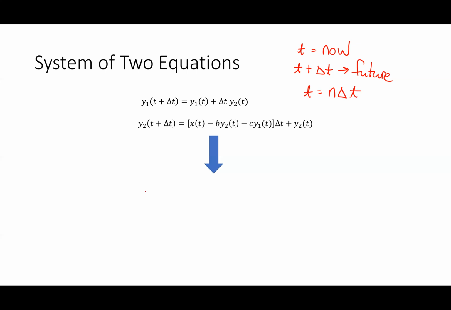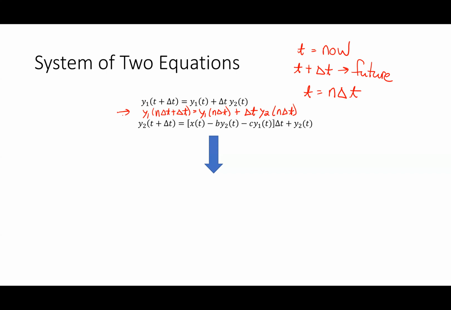So what I end up saying is, I can plug in here, I can say y1 of n delta t plus delta t equals y1 of n delta t plus delta t times y2 of n delta t. Now, looking at that expression I just wrote down there, is there any t here?